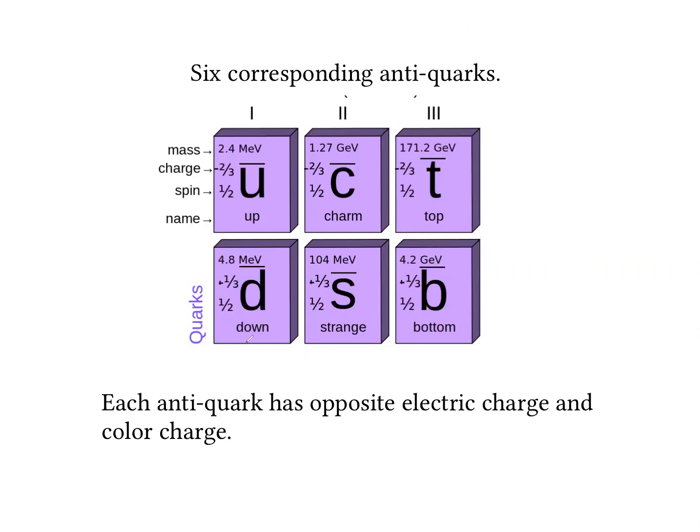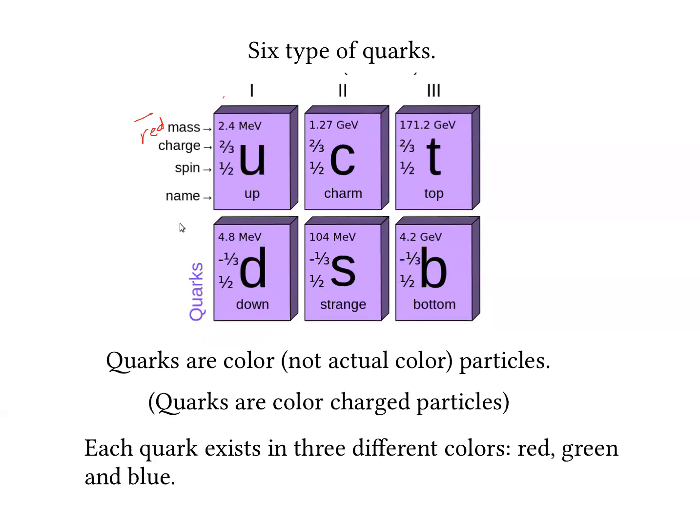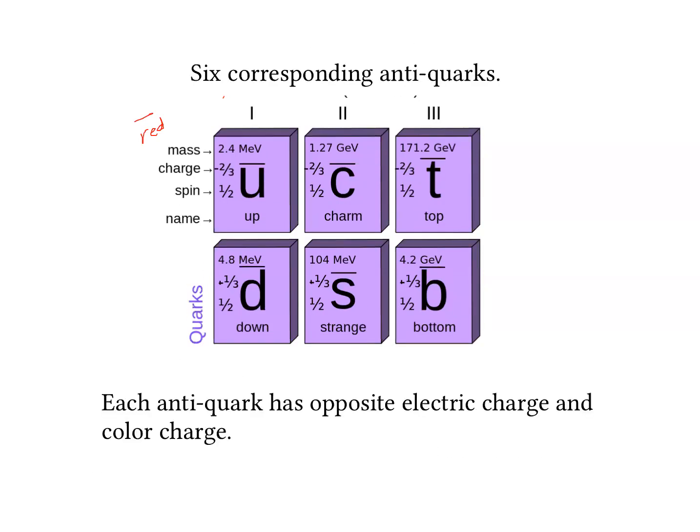So these six quarks come with their antiparticles, anti-up, anti-charm, and so on. If it is red, then the anti-color will be anti-red, the opposite of red. Everything will be opposite. So six quarks, six anti-quarks.